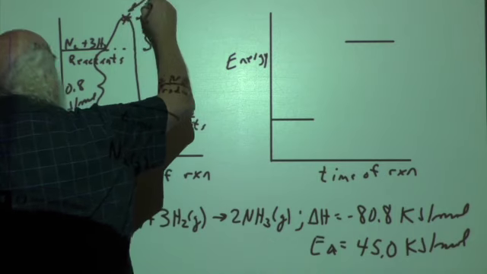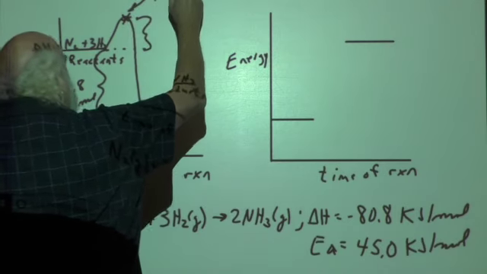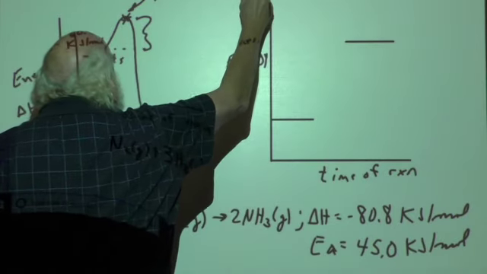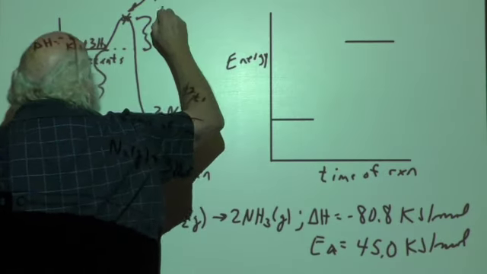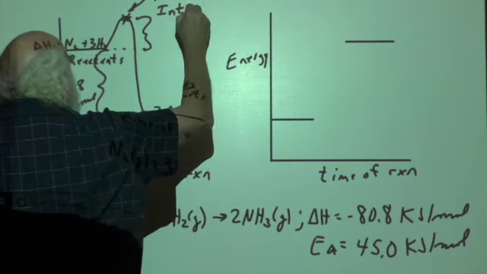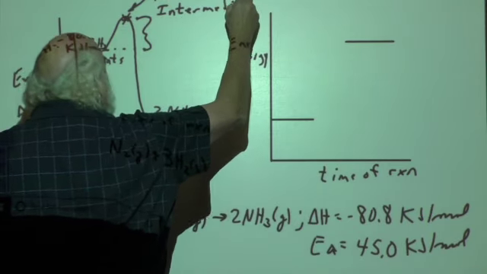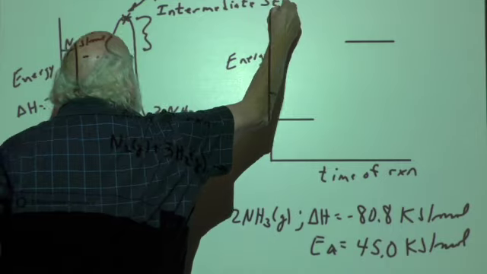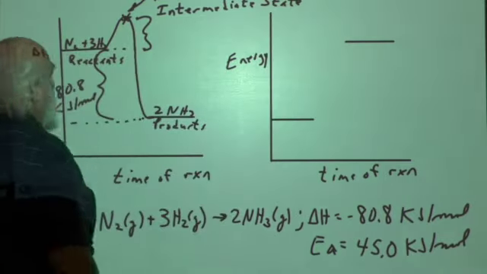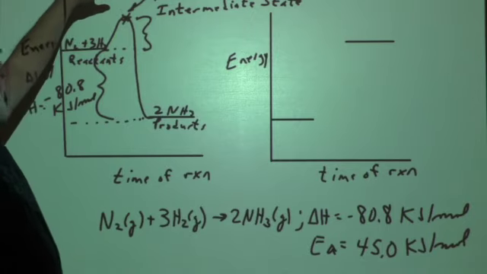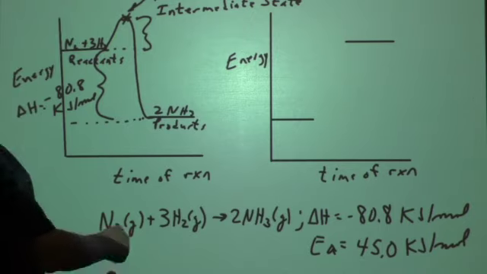We call that a transition state. In organic chemistry, a lot of times this is what we call intermediate states. All right, and as soon as that is created, this just falls down. All that heat is released.